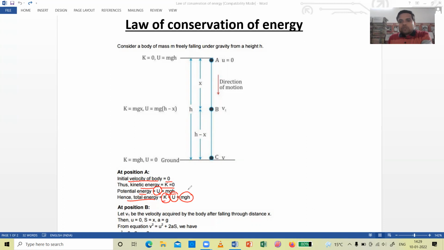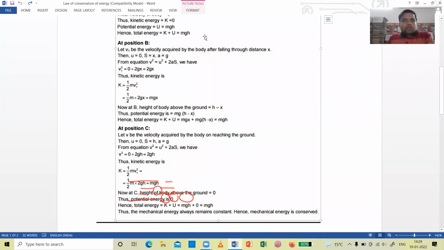Same at position B. When it has traveled distance x, at position B, let v1 be the velocity acquired by the body after falling through distance x.